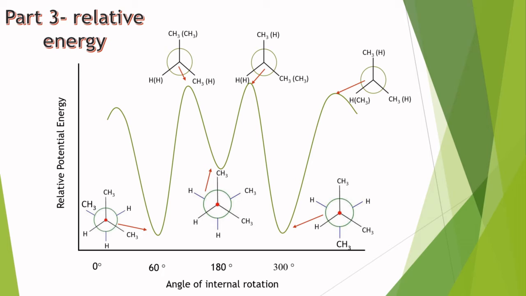You may have noticed I have not labelled a conformation at 0 degrees. This is because conformer number 5, which is labelled at 360 degrees, is identical to the one that would be posed at 0 degrees.